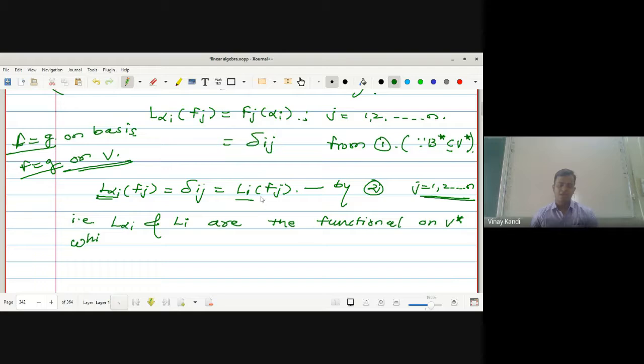Here the vector space is V double star. That is, L alpha i and Li are the functionals on V star which agree on the basis f1, f2, f3, up to fn, that is on the basis of V star. Both the functionals are equal.